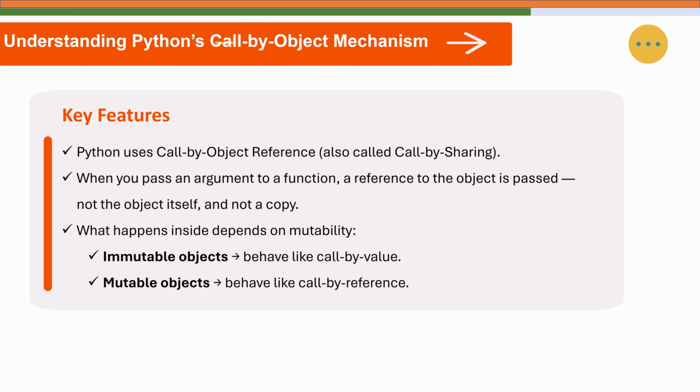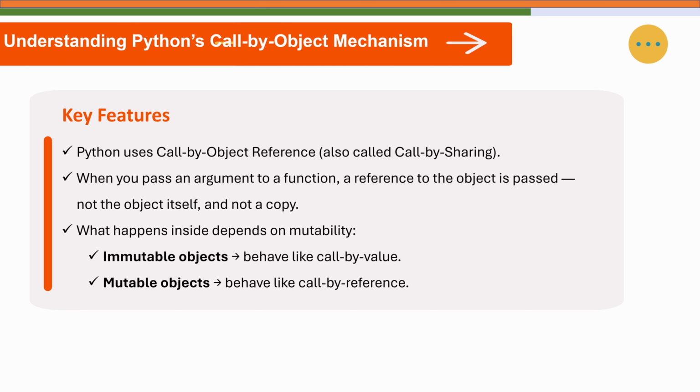If you pass an immutable object like an integer, string, or a tuple, the function receives a reference to that object, but since immutable objects cannot be modified, it is as if you passed a copy. Any changes inside a function create new objects, leaving the original untouched.